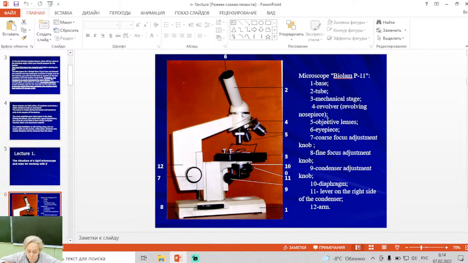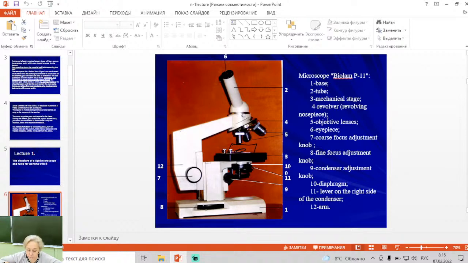The microscope is an essential tool in modern biology. It allows us to view structural details of organs, tissues, and cells not visible to the naked eye. The microscope consists of three parts: the mechanical part, the optical part, and the lighting part.